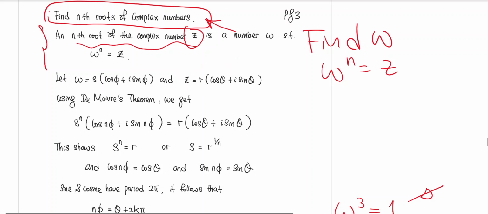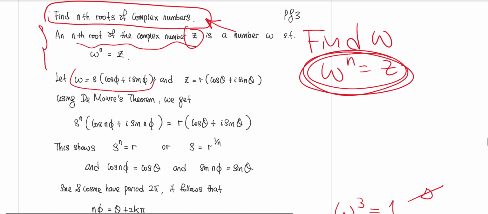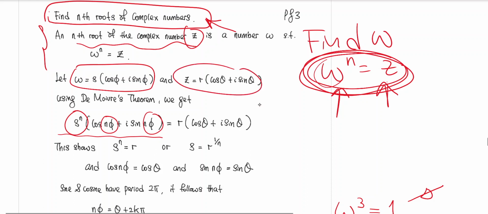Now, De Moivre's theorem says that if you raise w to the power of n, you are doing nothing but raising the modulus to the power of n, and taking the argument phi and multiplying it by n. So w to the power of n is nothing but this. If you want to set it equal to z, you would want to have these equations.